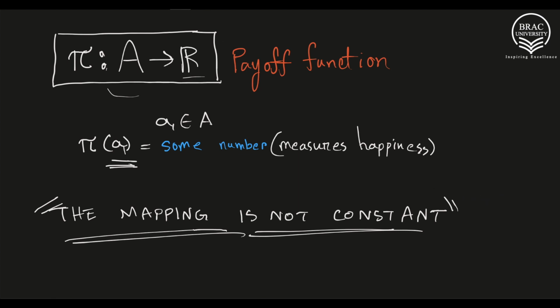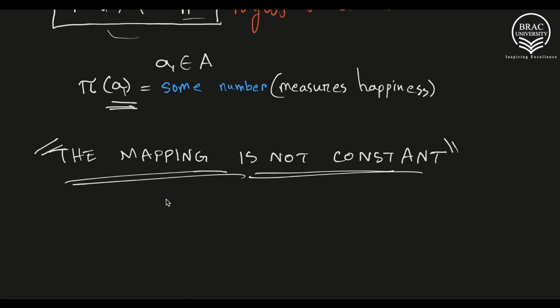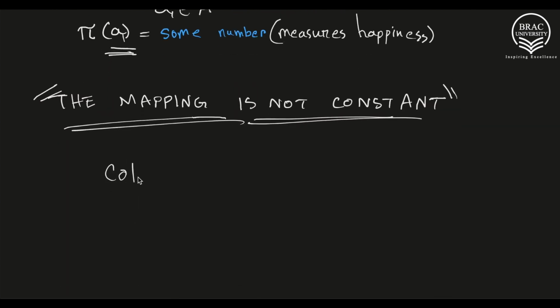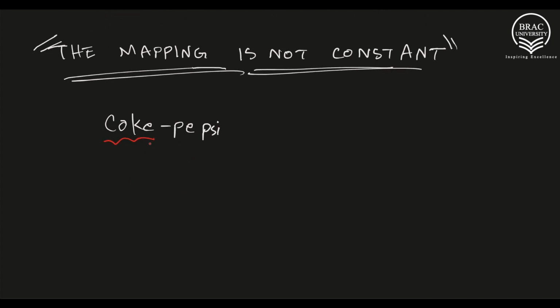Right? For example, let's consider the game of Coke Pepsi from the last lecture. So let's see what the payoff function of Coke can be. Coke has two options, two actions: to advertise or to not advertise.